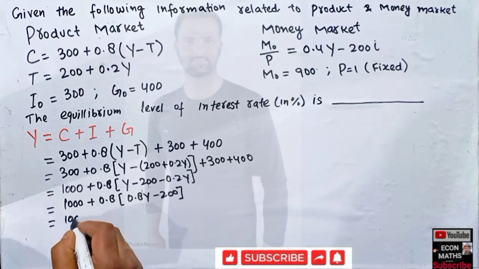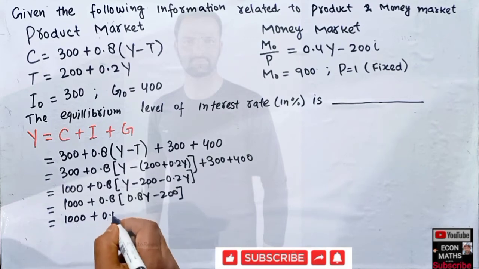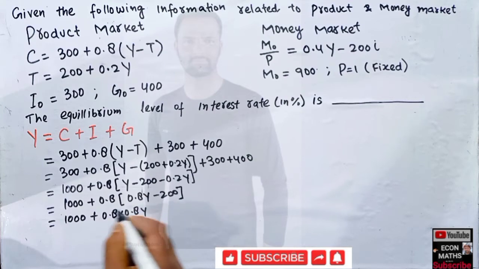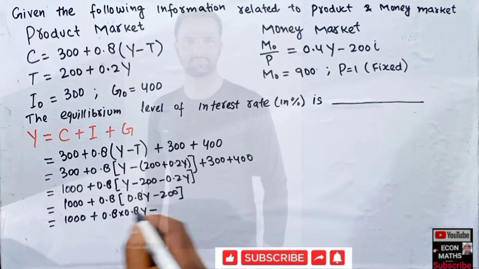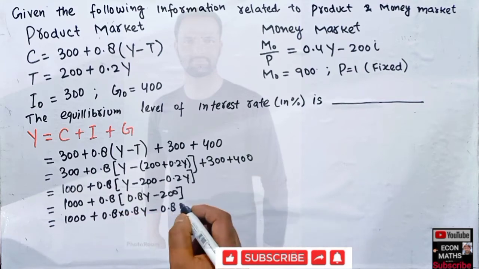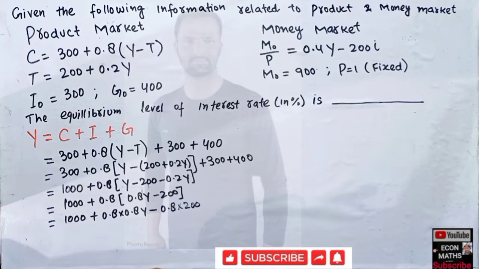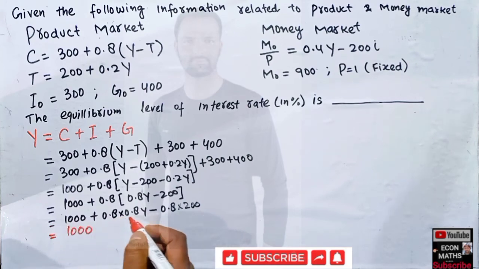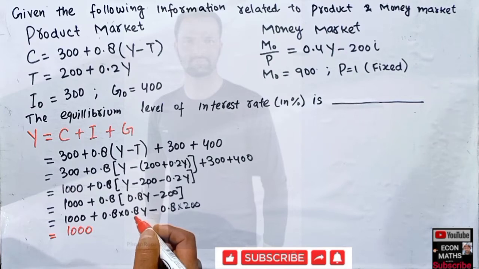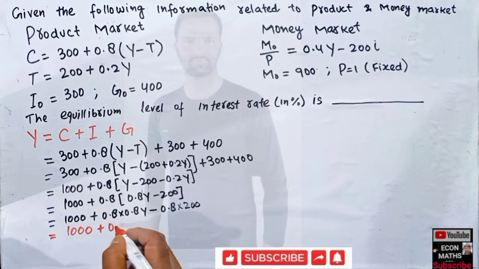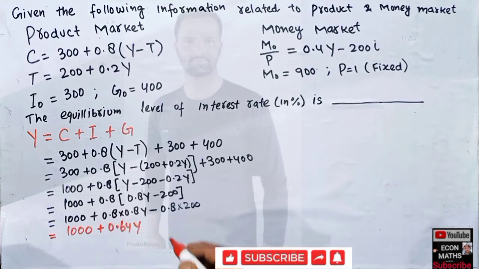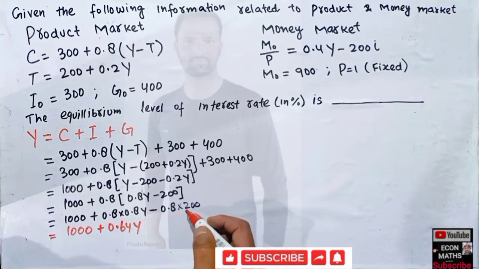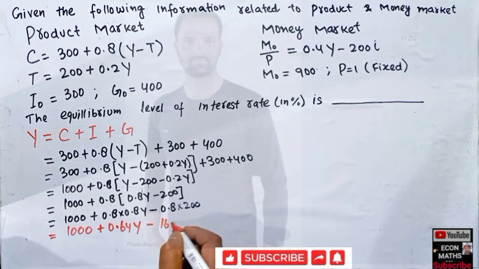Multiplying 0.8 to this term first, we have 1000 plus 0.8 into 0.8y minus 0.8 into 200. 0.8 into 0.8 comes out to be 0.64y, and 0.8 of 200 comes out to be 160.